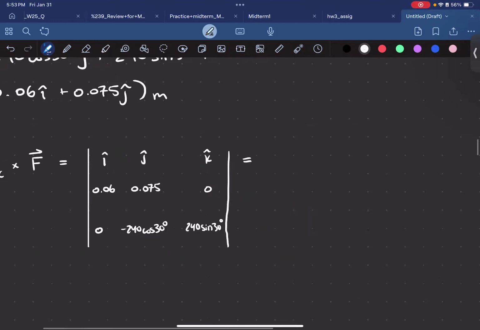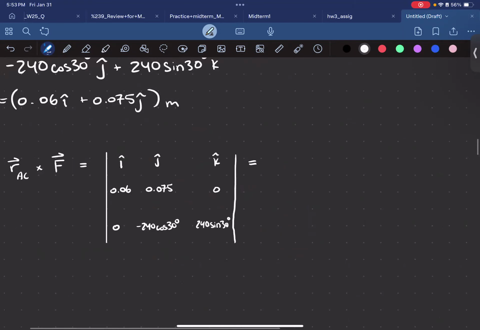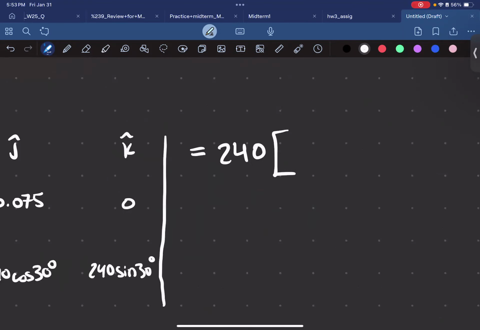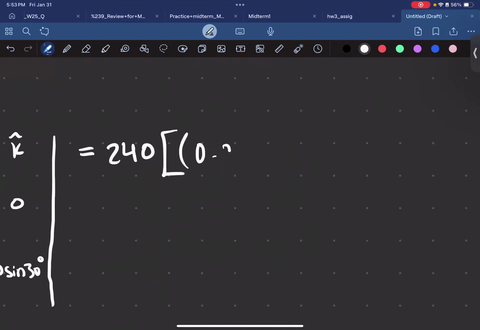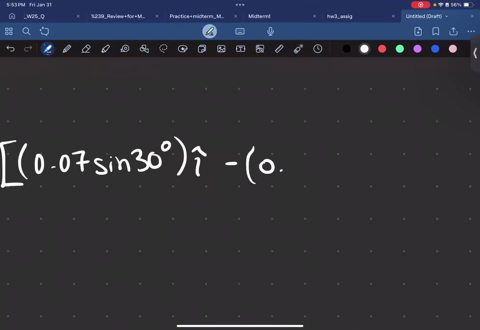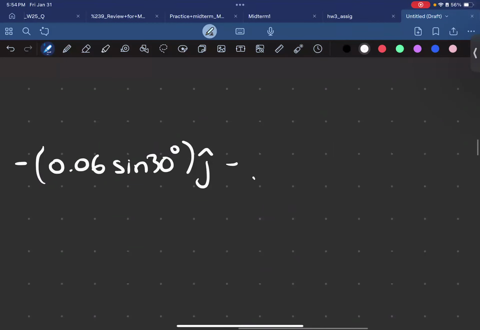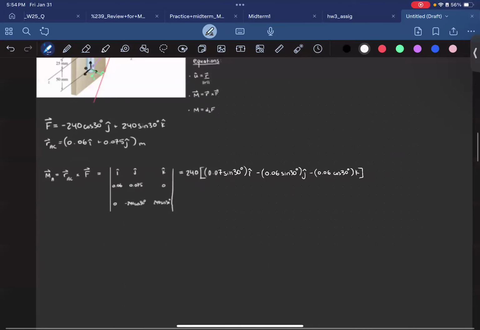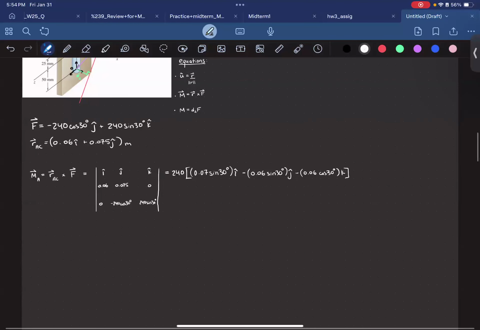So we have our moment is equal to 240 times 0.075 sine of 30 degrees I, minus 0.06 sine of 30 J, minus 0.06 cosine of 30 K. All right, so that's the component of our moment.